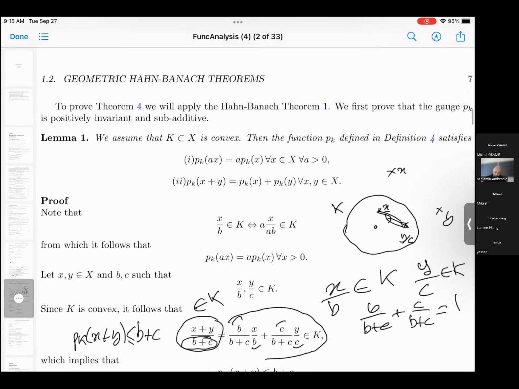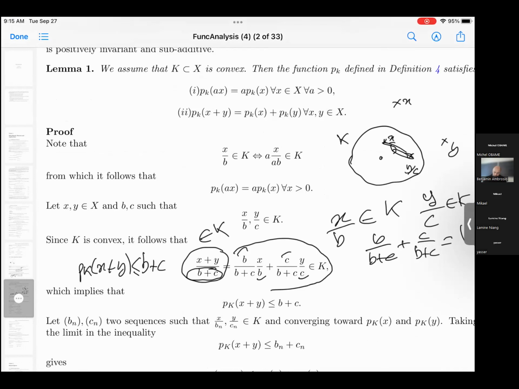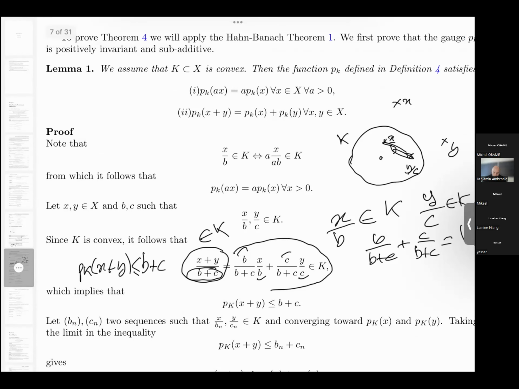All right, and that's right in here. And now to complete the proof, you just need some details. So you take a sequence Bn and a sequence Cn that converge respectively toward Pk of X and Pk of Y.